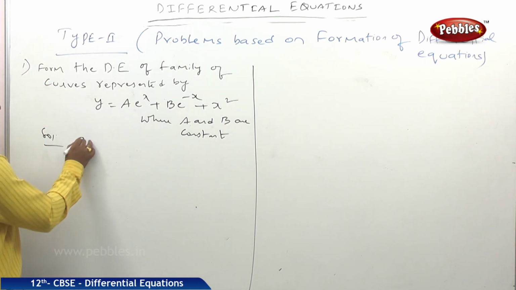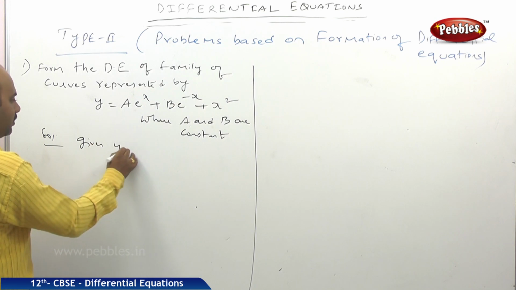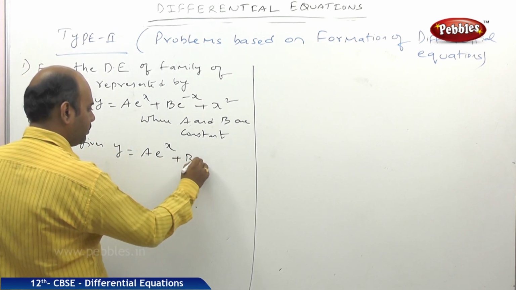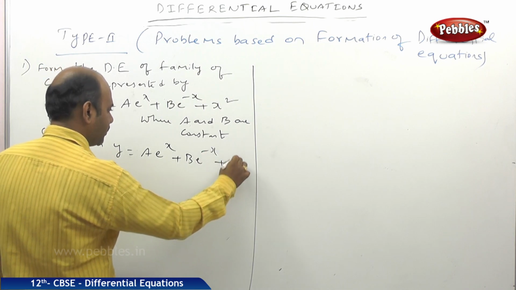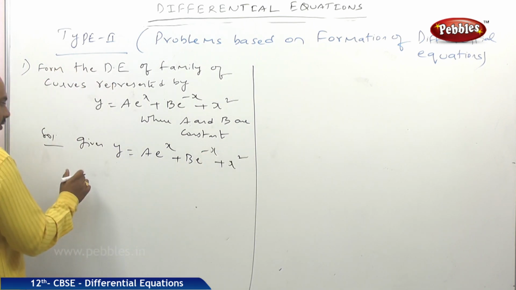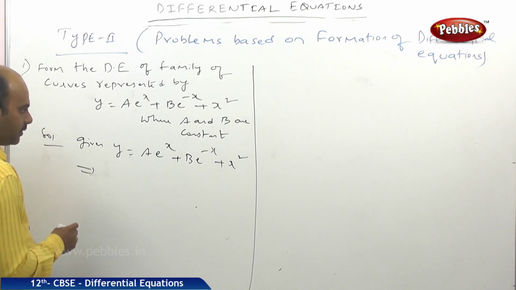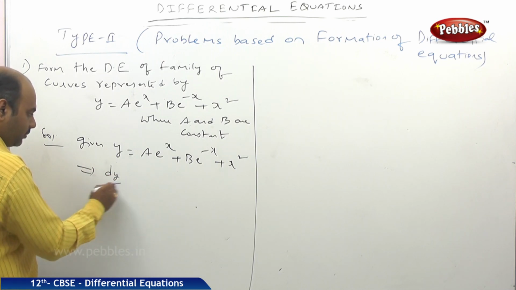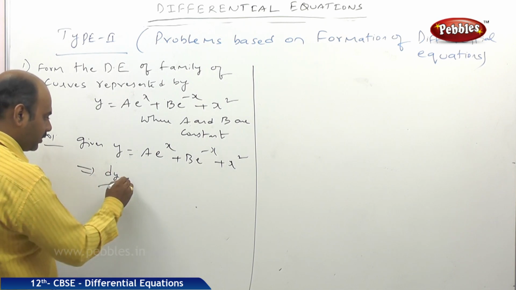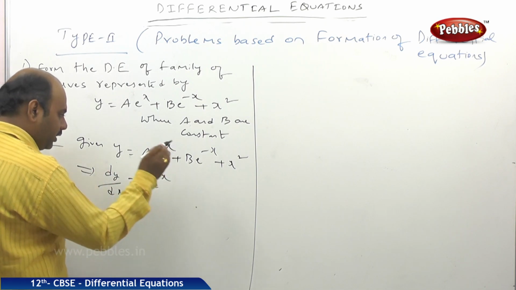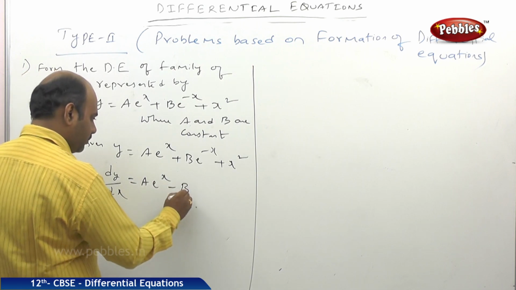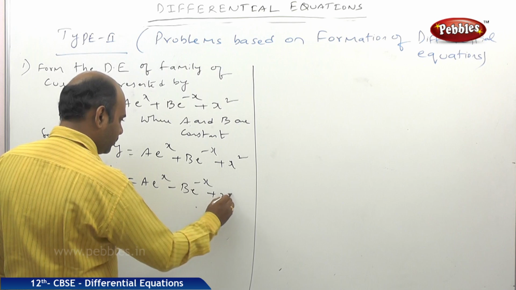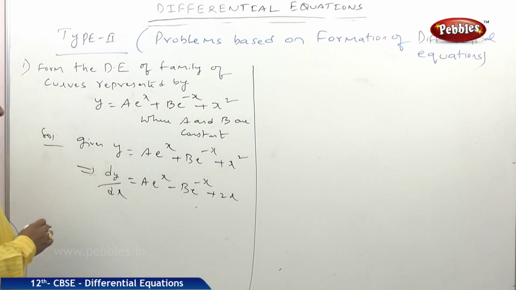Given y equals a e power x plus b into e power minus x plus x square. So I will differentiate with respect to x. This becomes dy by dx equals a e power x minus b e power minus x plus 2x.